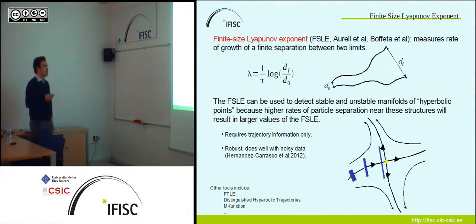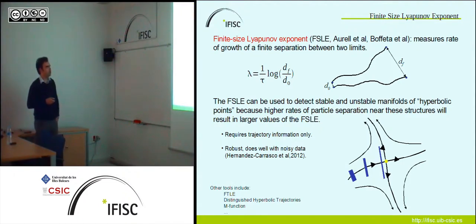So, how do we use dynamical systems theory to identify Lagrangian coherent structures? There are several tools. We use the finite-size Lyapunov exponent, which was developed by Aurell, Boffetta and their co-workers. It's a measure of the rate of growth of a finite separation between two limits.